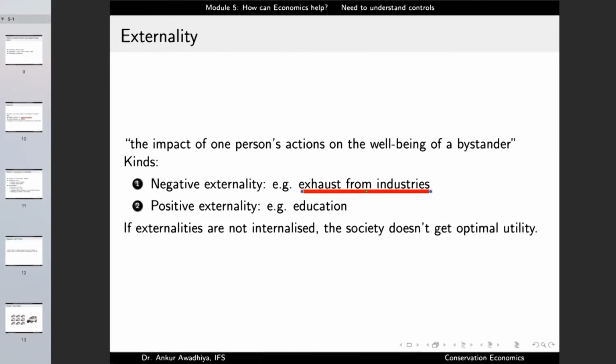Now, if that were the situation, then what is the decision that a rational industrialist would make is the correct decision.